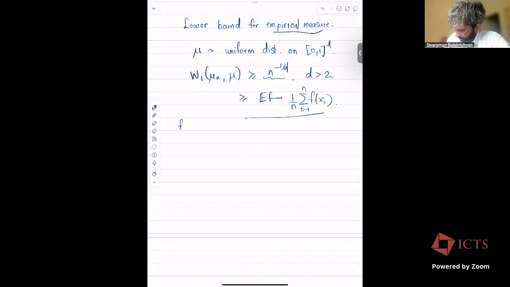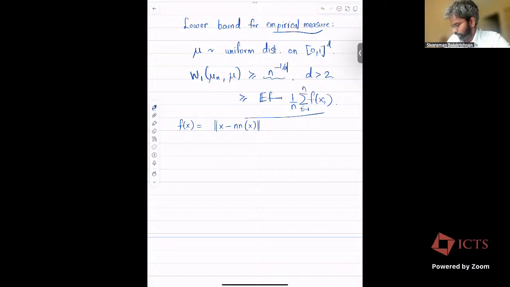Okay, so we'll choose the following function: the distance between x and its nearest neighbor in the sample.